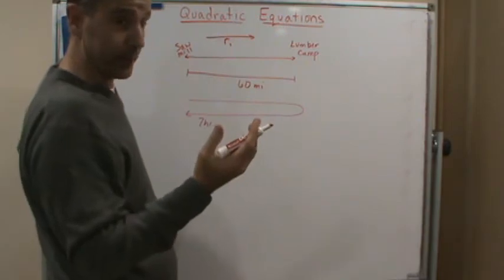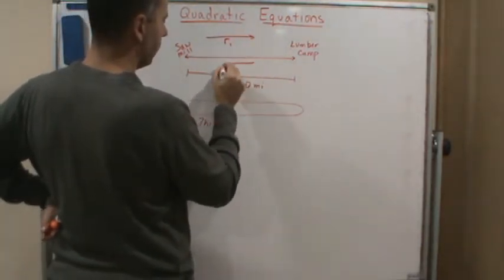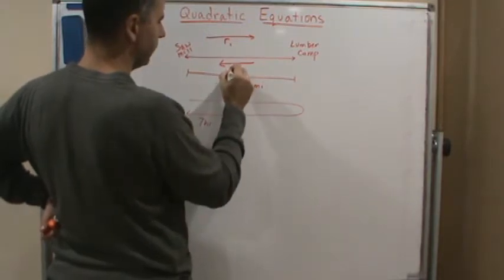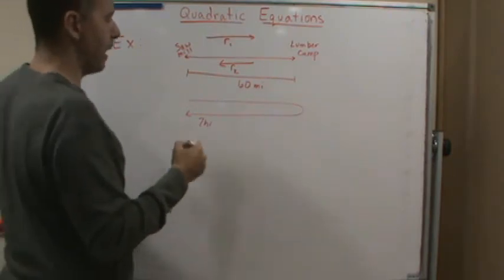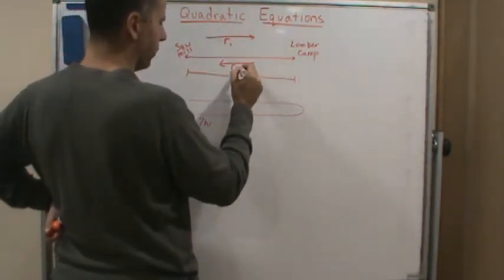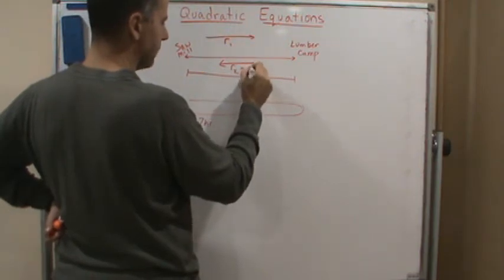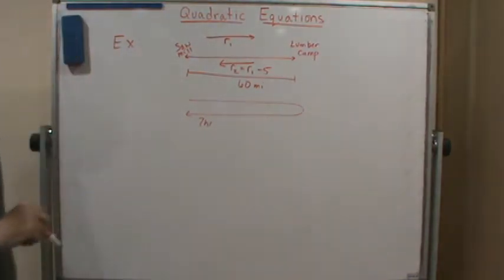Because we don't know what the rate is. But we do know the rate coming back, we'll call it rate 2, is 5 miles less than the rate when it was going. So it's going to equal rate 1 minus 5, right?